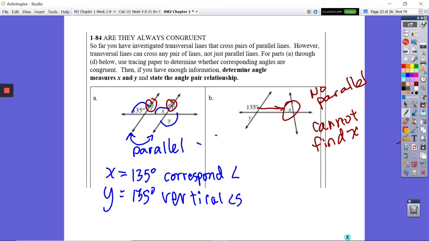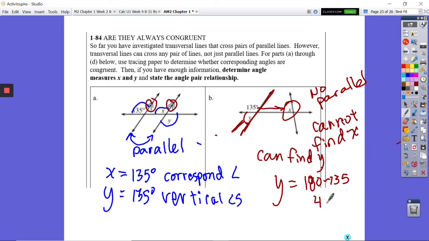But I can find Y, because 135 and Y are a line. So Y equals 180 take away 135, which is 45 degrees. And that would be because they're supplementary or linear pair. Let's use linear pair. You learned linear pair.